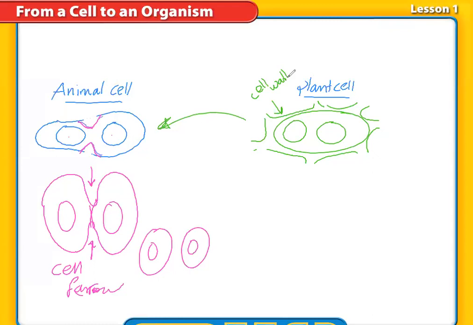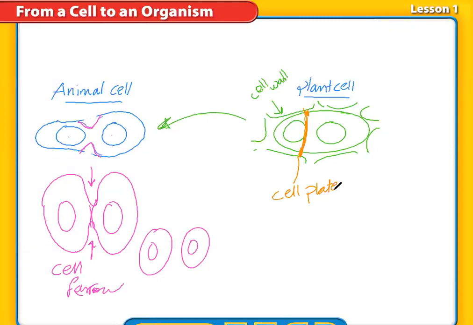So in this case, what would happen? We find that there are some extensions that will be formed from the cell wall, and these extensions go through the cell until they form a new wall here. We call this the cell plate. You got this, guys?